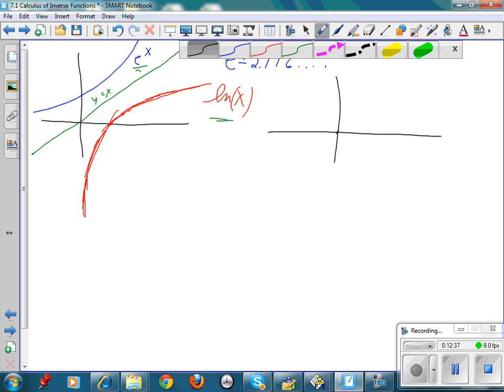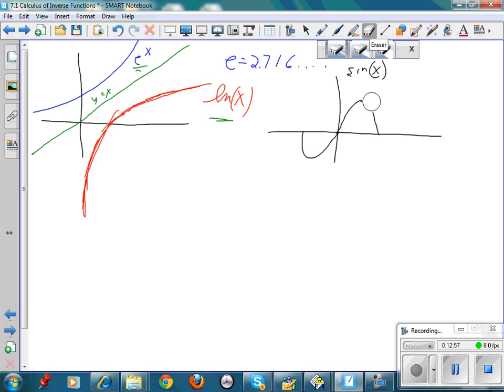Here's the sine. And if you look, I'm just going to draw. You can see a sine function is not one-to-one by any stretch of the imagination. So as you might guess, we're going to restrict the domain just as we did before.